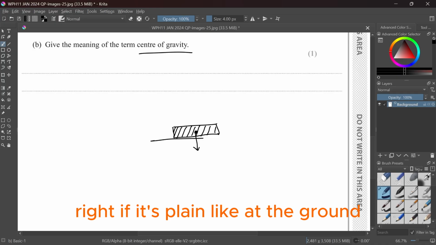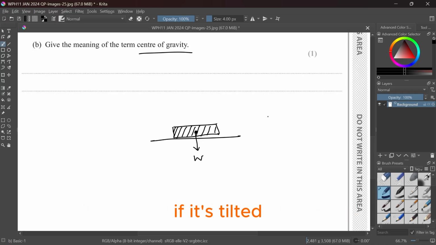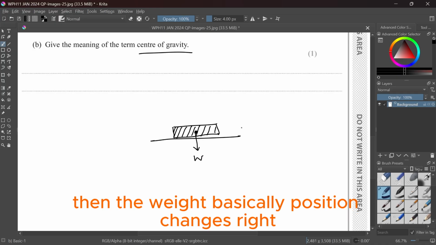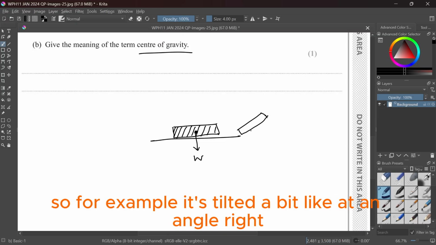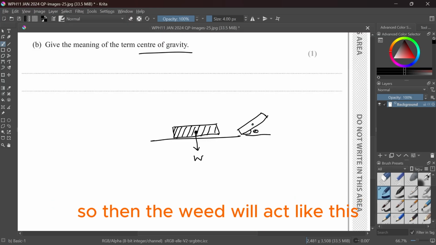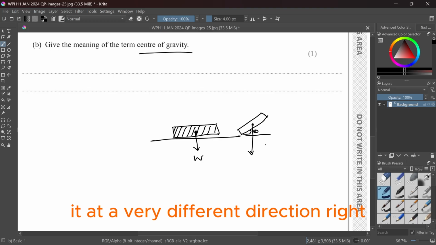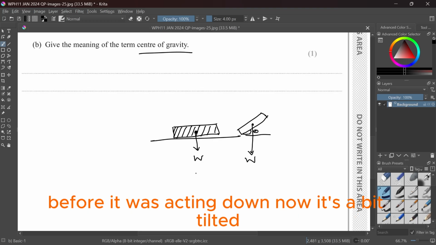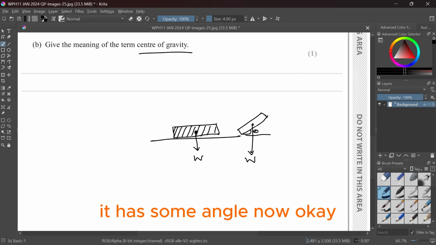If it's plane, like at the ground. If it's tilted, then the weight position changes, right? So for example, it's tilted a bit at an angle, right? Then the weight will act in a very different direction. Before it was acting down, now it's a bit tilted, it has some angle now.